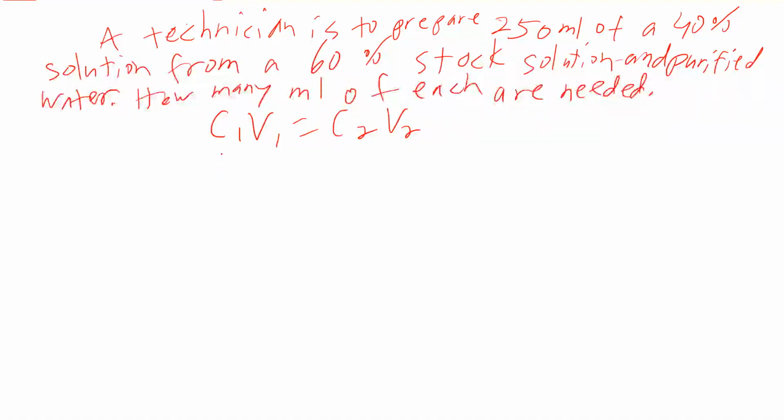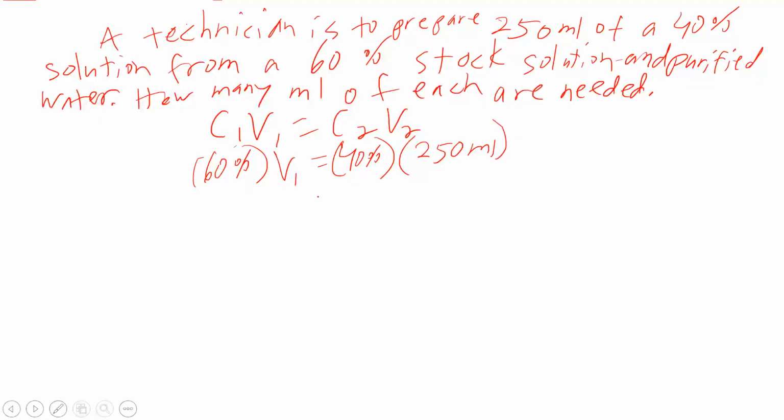So C1 is, okay, we have 60% stock solution, so 60%. And then we have V1. We don't know how much of that. And then C2 is the 40% solution, so 40%. And V2 is 250 mils, 250 mils of a 40% solution.